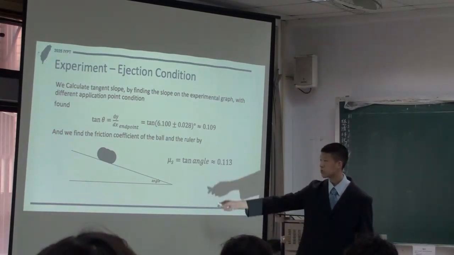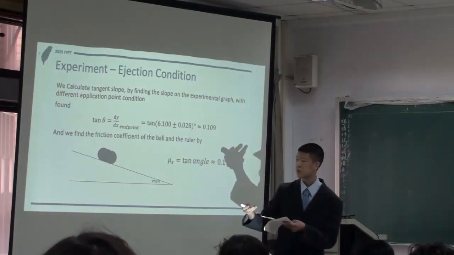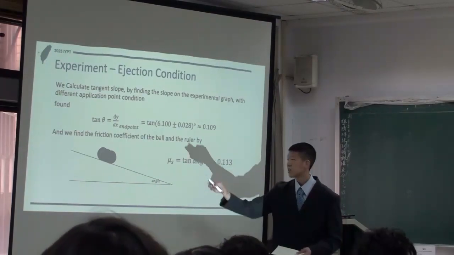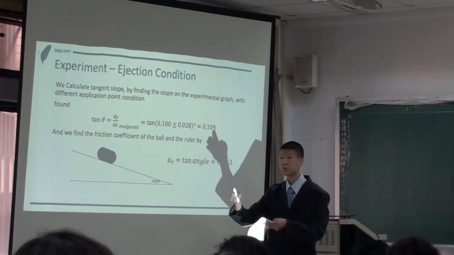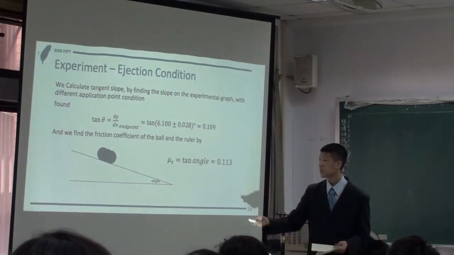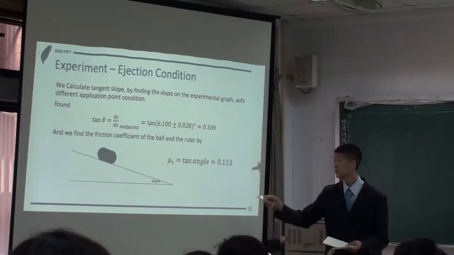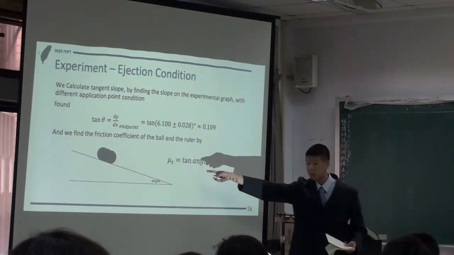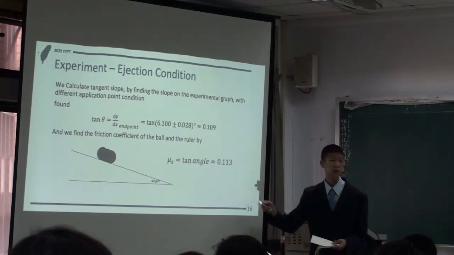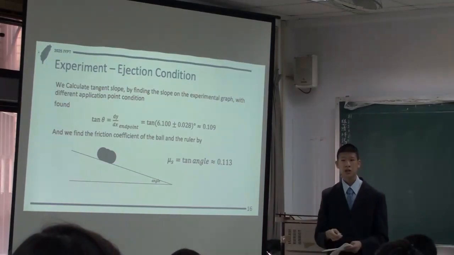So we use 3 balls and attach them together such that they won't roll, they will only slip. So we can use this angle to find the friction coefficient mu, which is going to be 0.113, and that is close, and that means our theory is right.